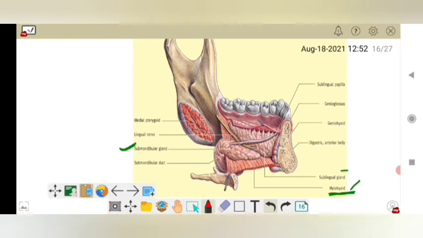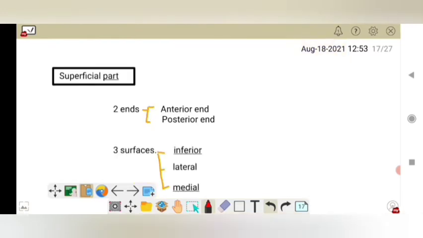Similarly, this is the mylohyoid muscle of the floor of the mouth. Then anteriorly we have the sublingual gland, and posteriorly, on the posterior aspect of the mylohyoid, above the mylohyoid, is the superficial part of the submandibular gland, and below the mylohyoid we have the deep part. The deep part is small, the superficial is the larger portion.